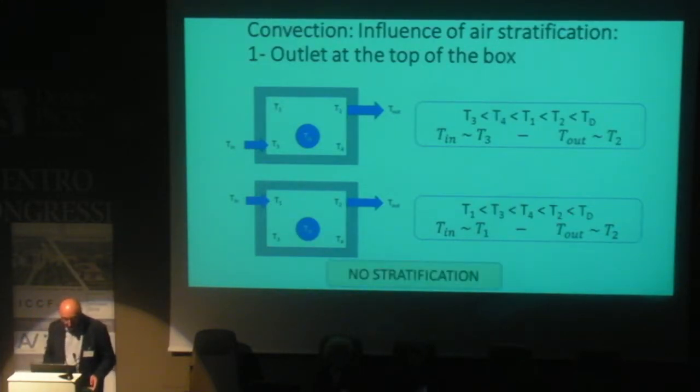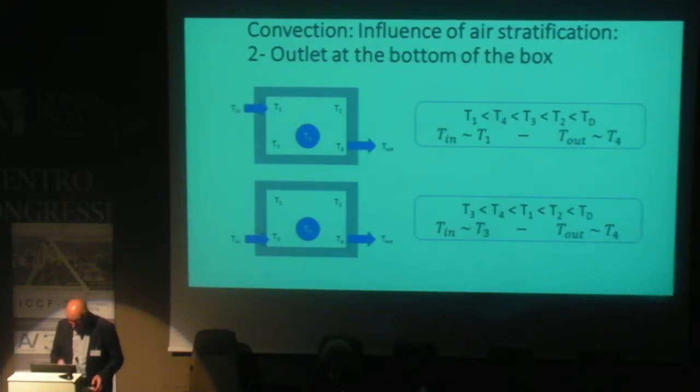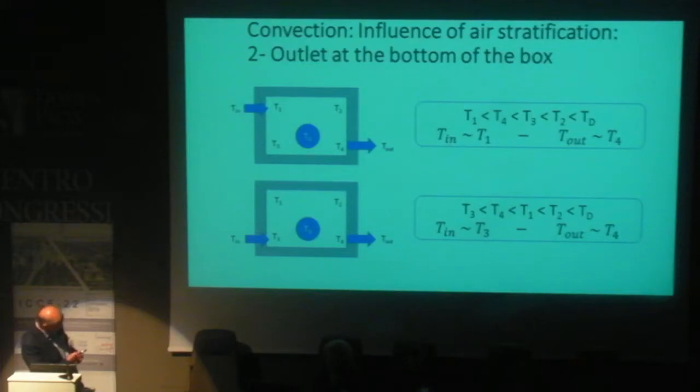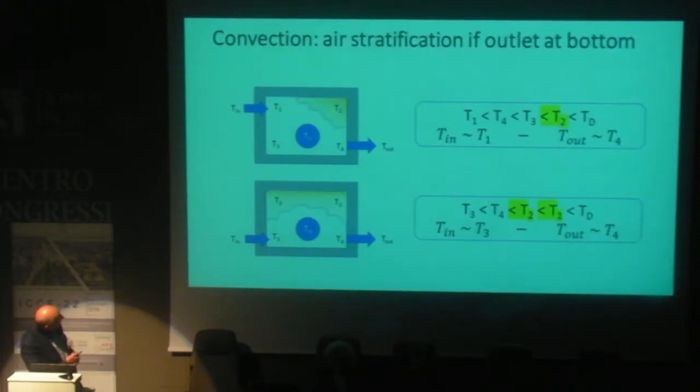In other words, there is no stratification in this case. Now, if you have the outlet at the bottom of the airbox, this is different, because the inlet temperature T1 is already at the top. And indeed, if you try to find out the hierarchy between these different spots, you come to the conclusion that there are hot air pockets below the ceiling of this airbox.